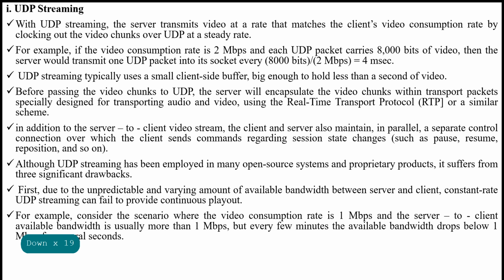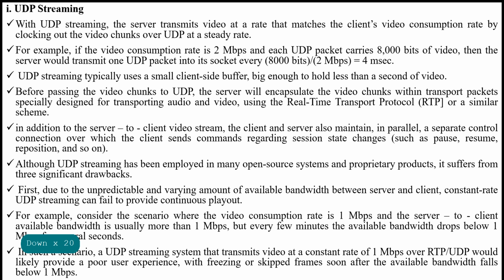For example, consider the scenario where the video consumption rate is 1 Mbps and the server to client available bandwidth is usually more than 1 Mbps, but every few minutes the available bandwidth drops below 1 Mbps for several seconds.